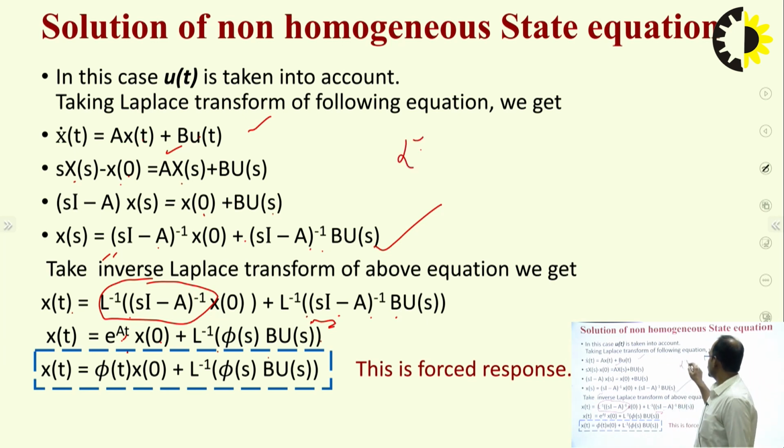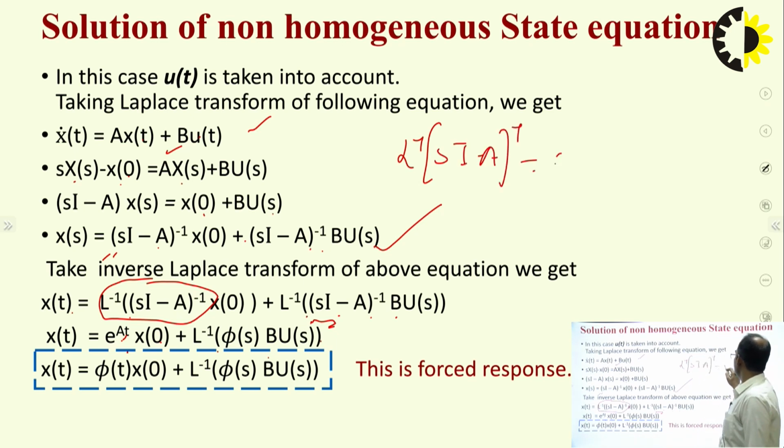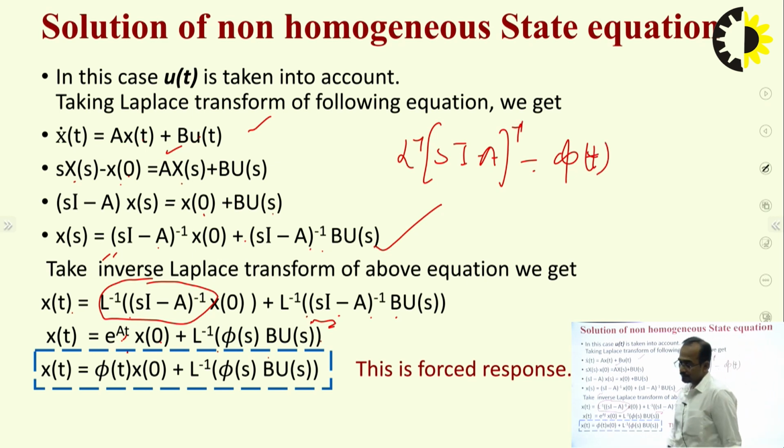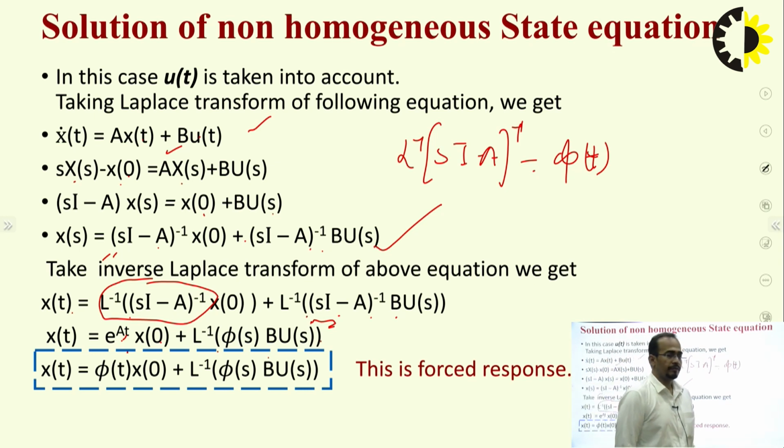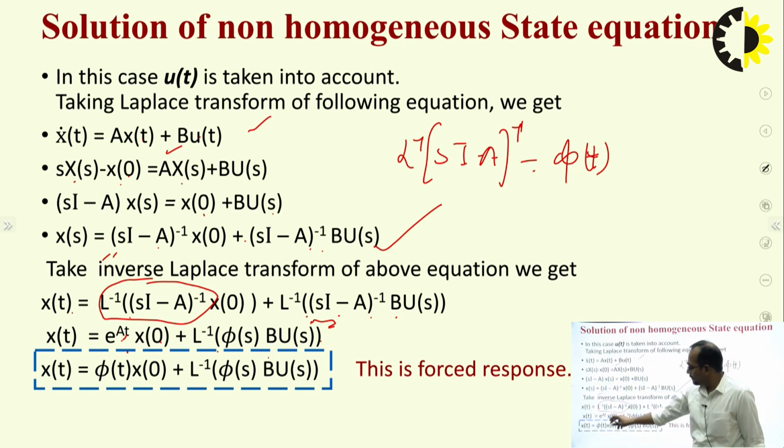L inverse of (sI minus A) inverse is equal to phi(t). So this will give e power At x(0) plus L inverse of phi(s) BU(s).